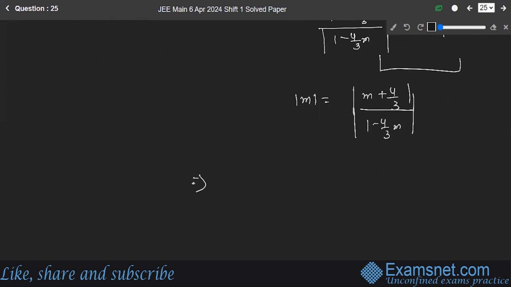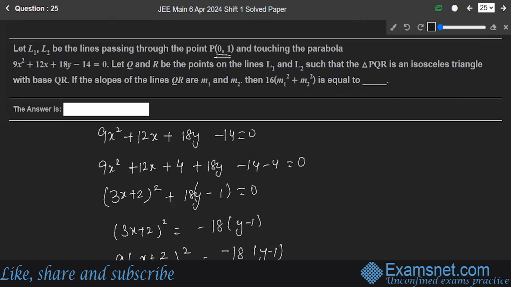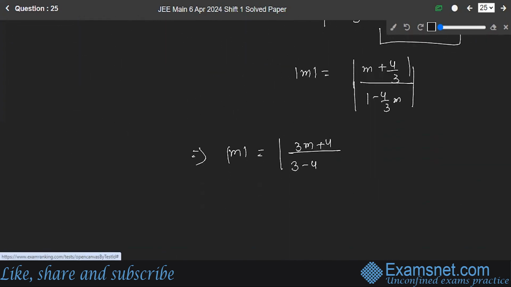You will have modulus m is equal to 3m plus 4 upon 3 minus 4m, as 3 and 3 will cancel from the numerator and the denominator. Okay, let's do the cross multiplication. You have 3m minus 4m square, right?